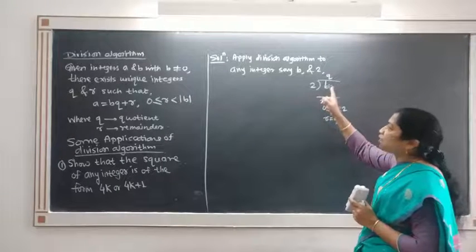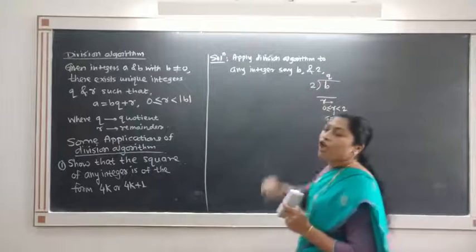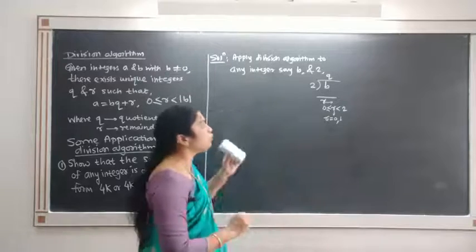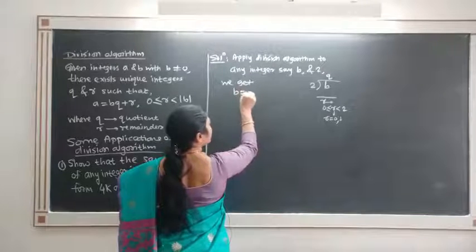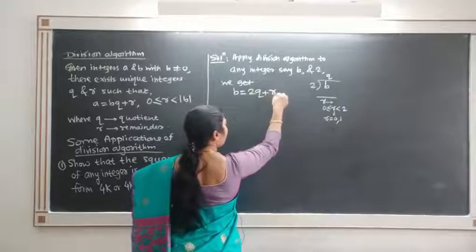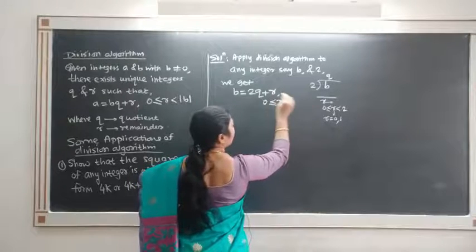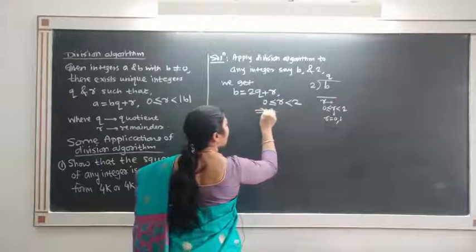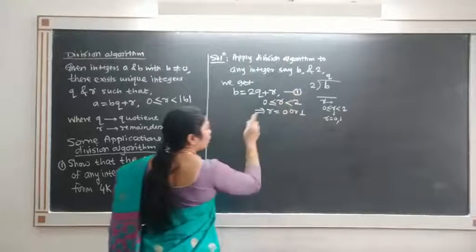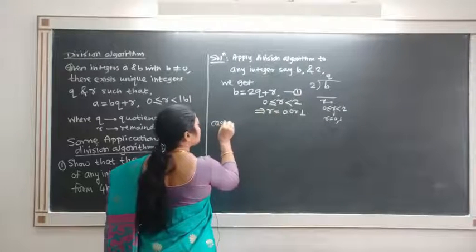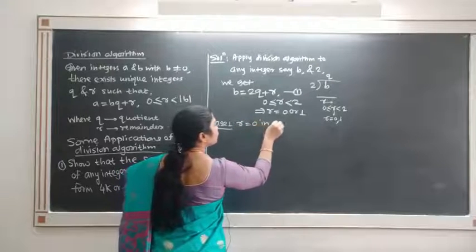And we know that b is equal to 2q plus r. So if we apply the division algorithm to b and 2, we get b is equal to 2q plus r, equation 1, where 0 less than or equal to r less than 2, and therefore r is equal to either 0 or 1. Now consider case 1. Put r is equal to 0 in equation 1.